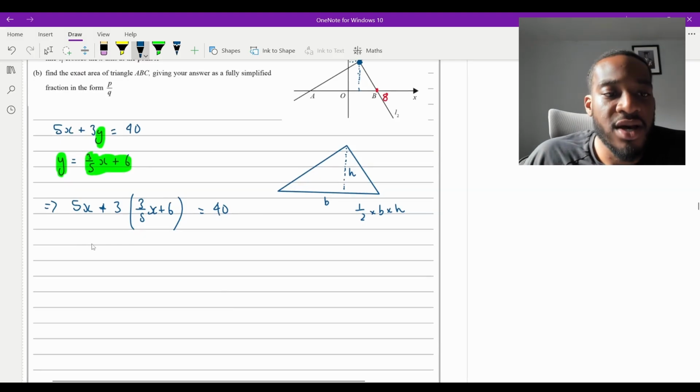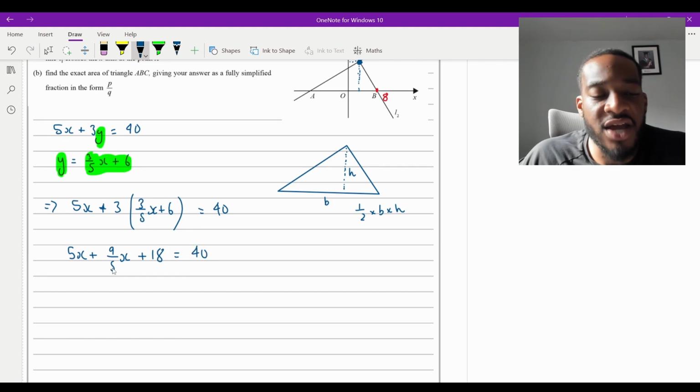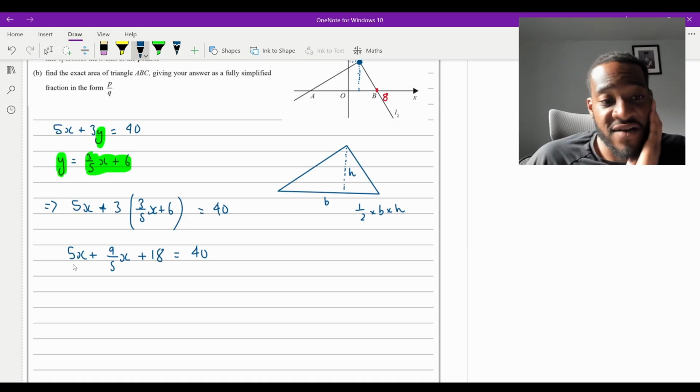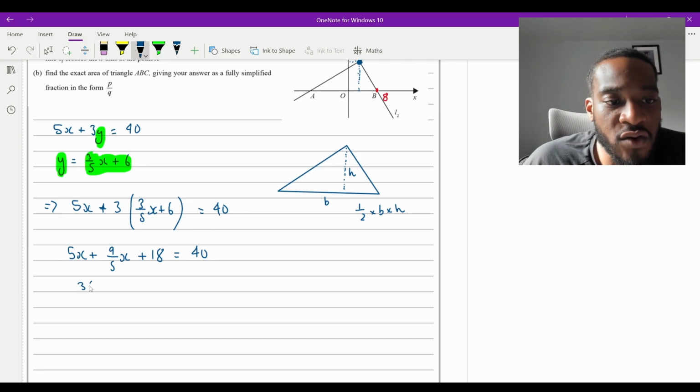Tidying this up, this will give me 5x plus, expanding that, 9 over 5 x, and then 3 times 6 is 18. This is equal to 40. Then 5 plus 9 over 5: 5 is the same as 25 fifths, 25 plus 9 is 34. So this is 34 over 5x. You could always punch this into your calculator as well. And then plus 18 is equal to 40.